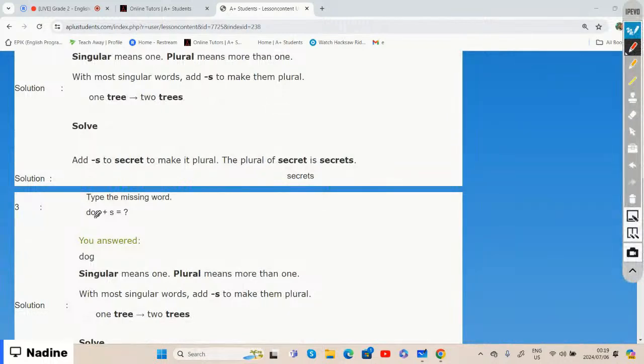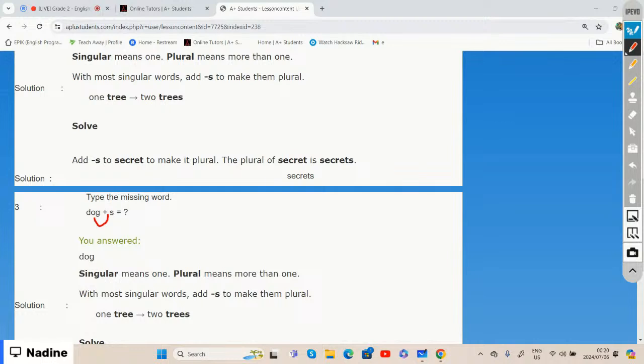Dog. Look at the word dog. We have one dog at home, but my grandpa has five. Do we say dog or do we say dogs? One dog, but lots of, do we say lots of dog or lots of dogs?